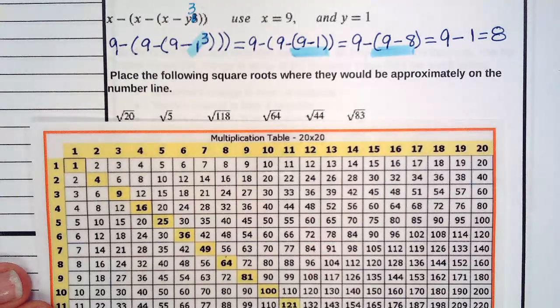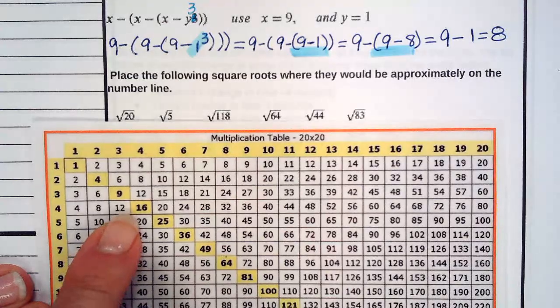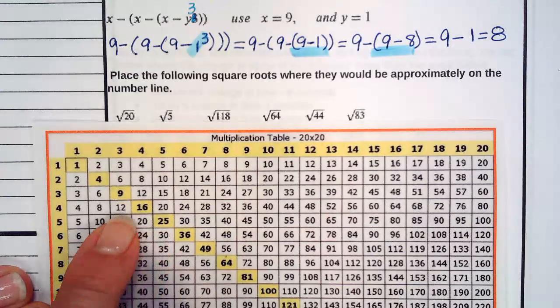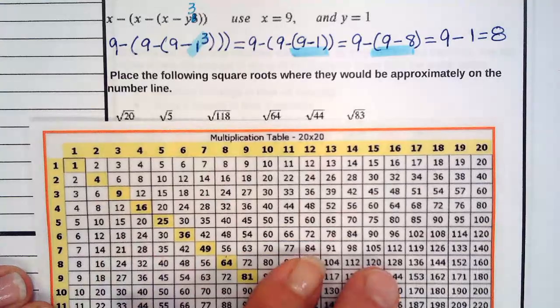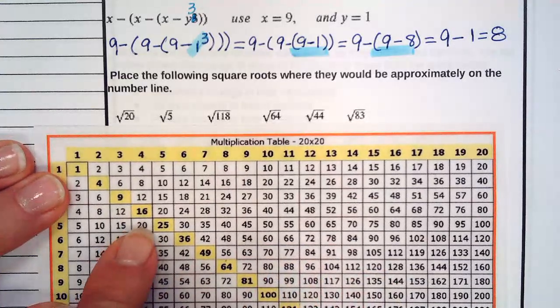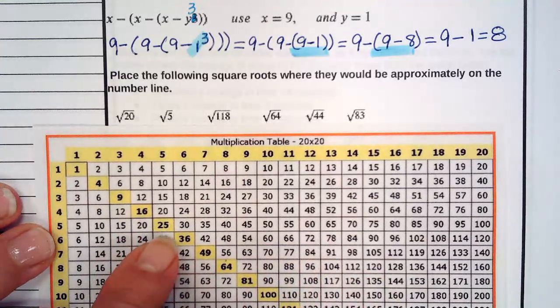So if I'm looking for 20, well, you've got 16, you've got 25. The square root of 16 is 4. The square root of 25 is 5. So we know that 20 has got to be somewhere between 4 and 5.